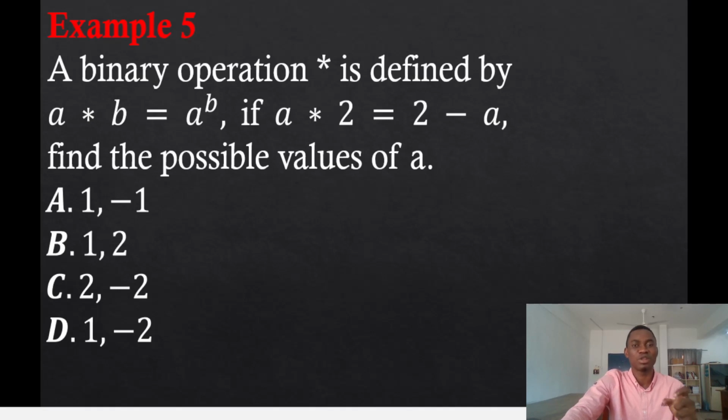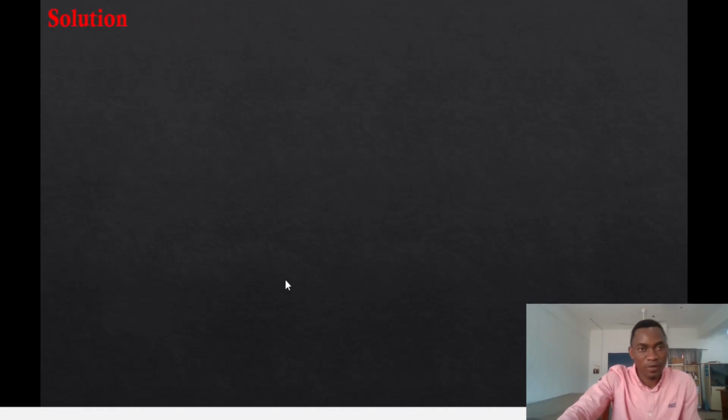You are only performing operation on only 2 elements of the set under consideration. All right. So look at the options for this question. Option A is 1 or minus 1. Option B, 1 or 2. Option C, 2 or minus 2, and D, minus 2. All right. Let's look at the solution.